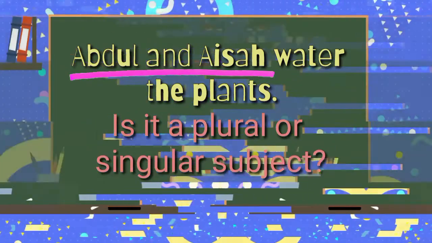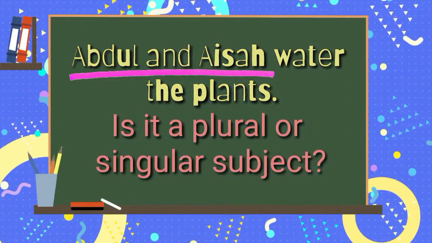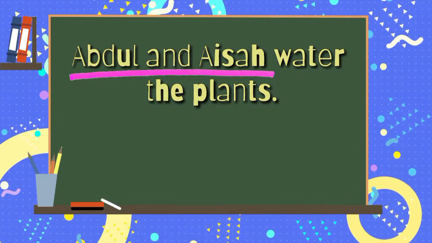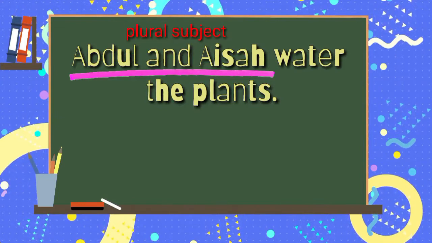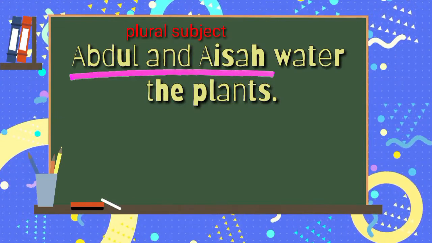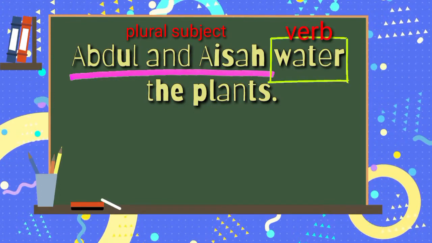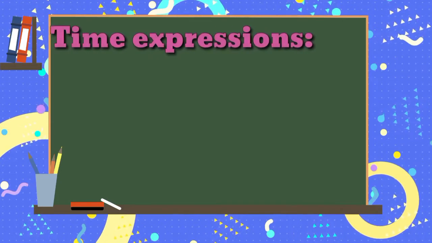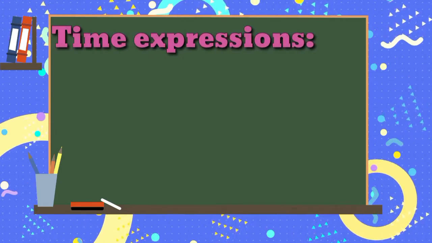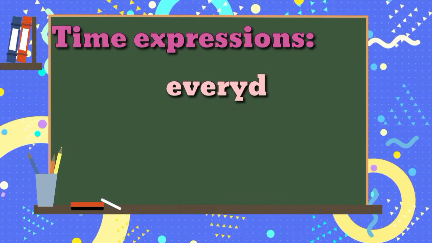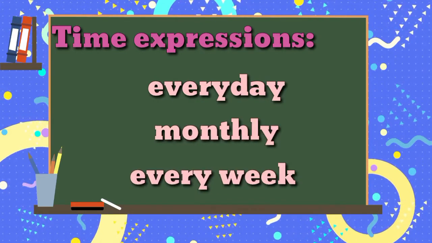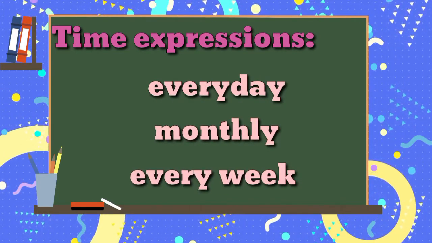Is it a plural or a singular subject? That's right. It is a plural subject. That's why we use the base form of the verb water. We also have time expressions in the simple present tense, such as every day, monthly, every week, and the like.